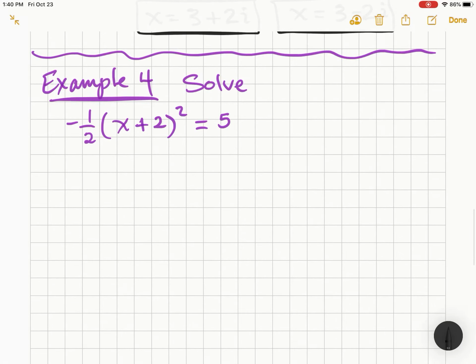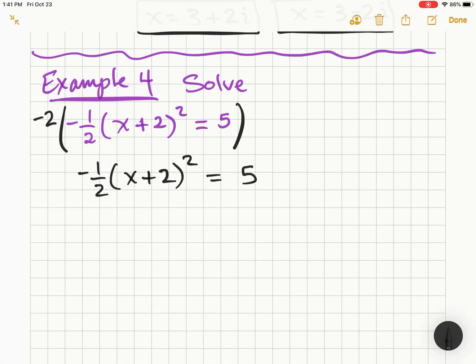Example 4. Now, I need to get rid of this negative 1/2. So what I'm going to do is multiply the equation by a negative 2. As a matter of fact, I think I want to write that separately so that you can see that a little bit better. Hold on.